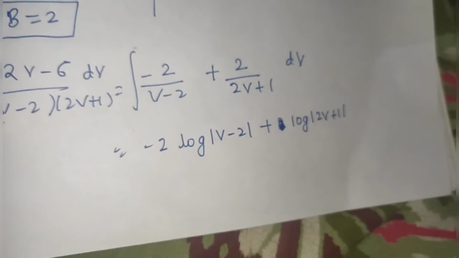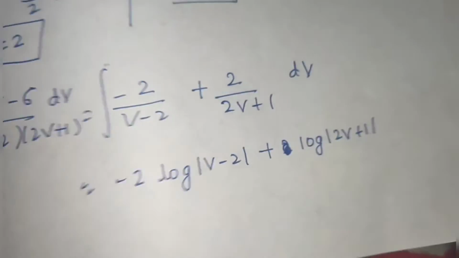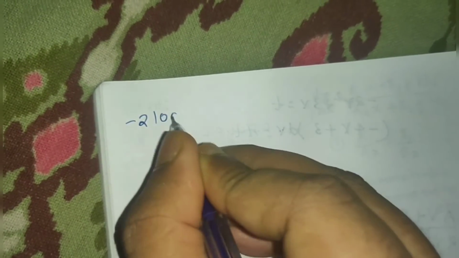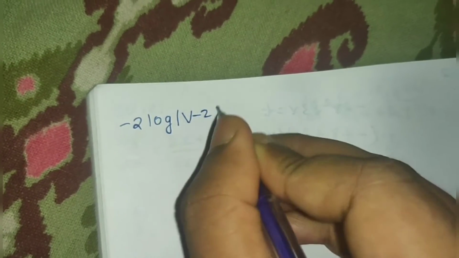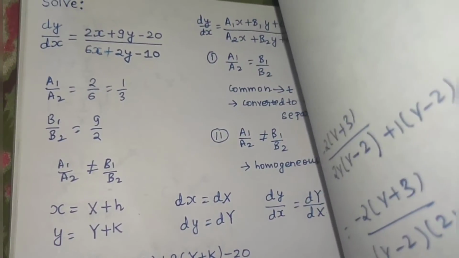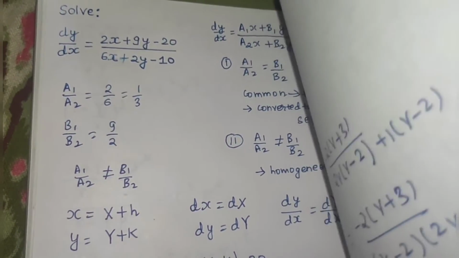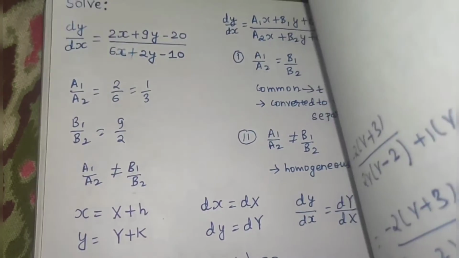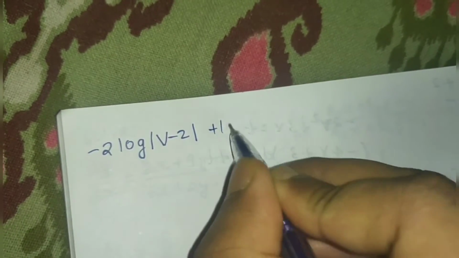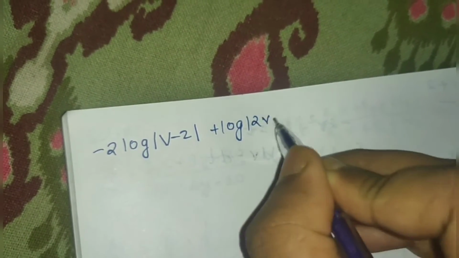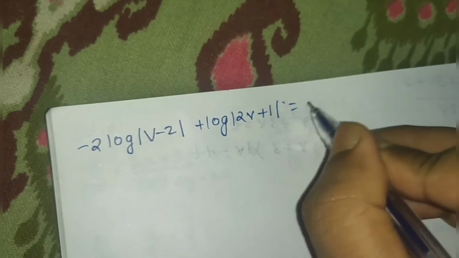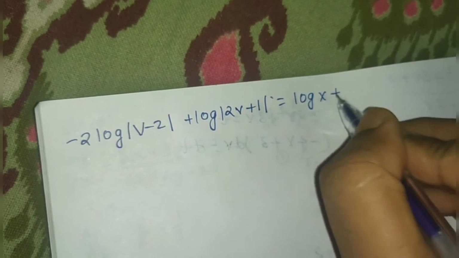So minus 2 log v minus 2, plus 2 log 2v plus 1, equals log x plus log c.